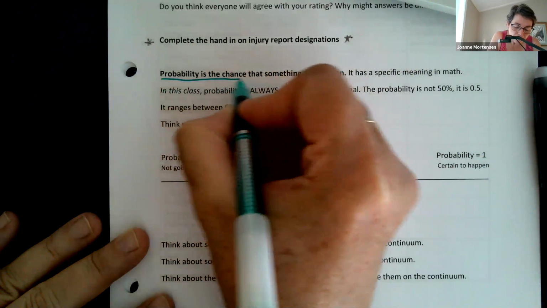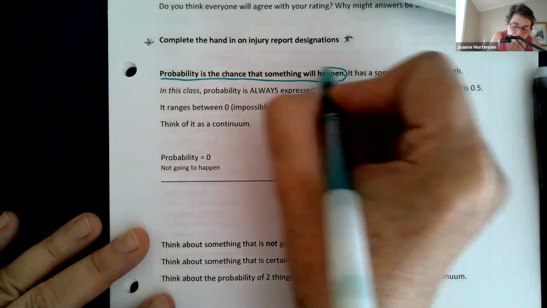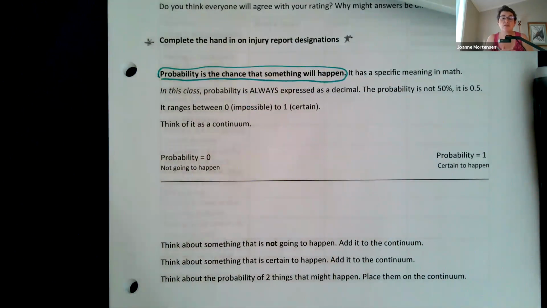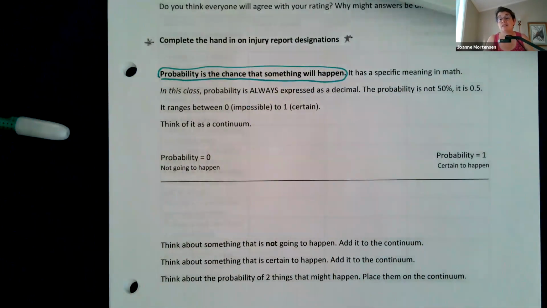So I'm going to use my green pen. And you know that if you say Joanne is probably going to make good Bannock, it's talking about the chance of it happening. But there's such a lovely but here, in math, it has a special meaning.